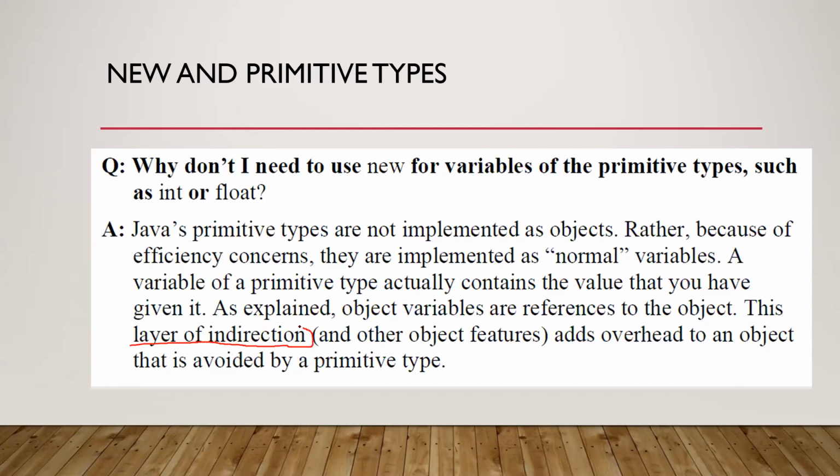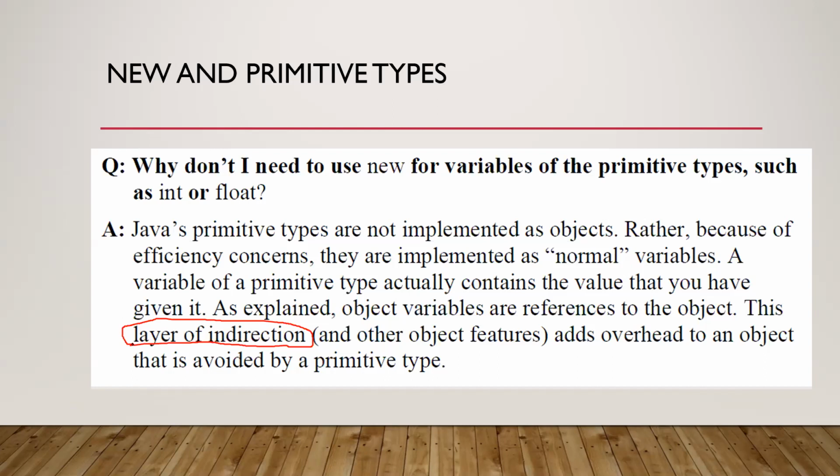This is the technical term that you should use when you explain this particular concept: there is a layer of indirection. It is not direct, it is indirect, because you go through the reference variable. Are you getting me? So that adds to the overhead. When you look at how you describe the computing capacity of machines, you look at how many floating point operations it can do per second, that is called flops, okay.